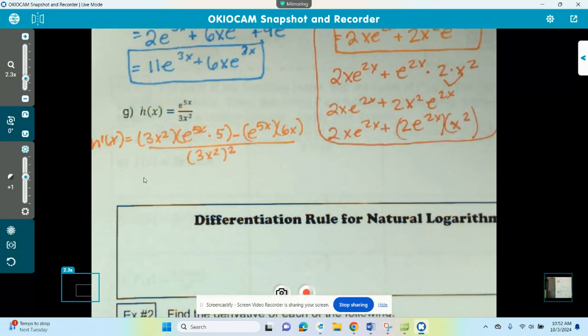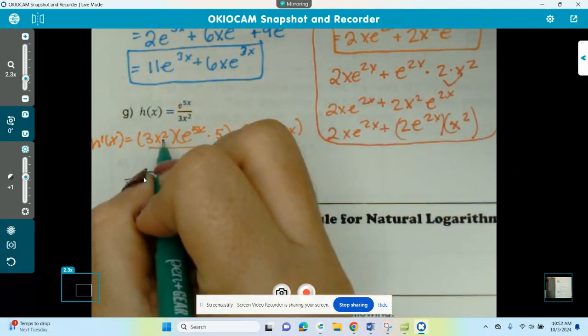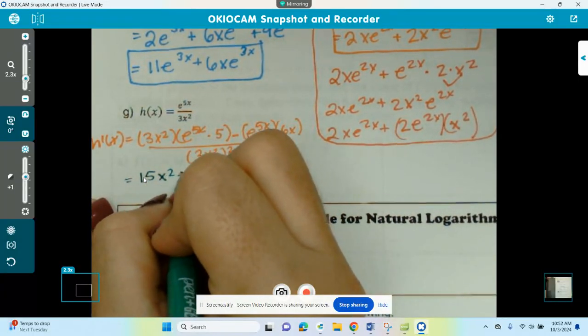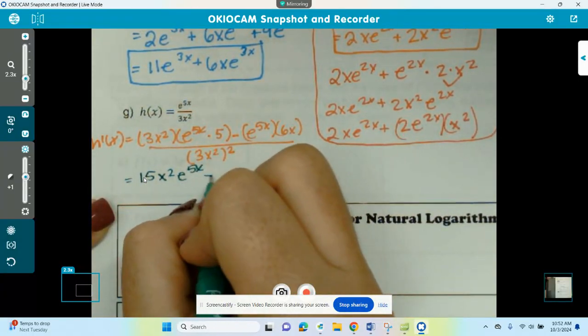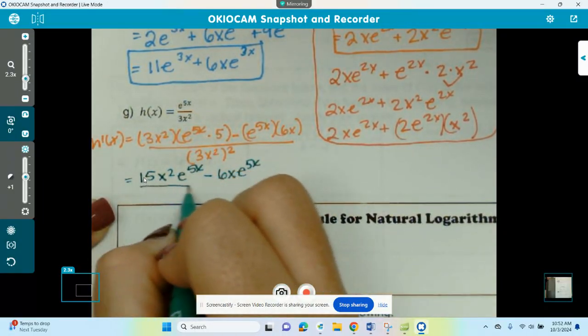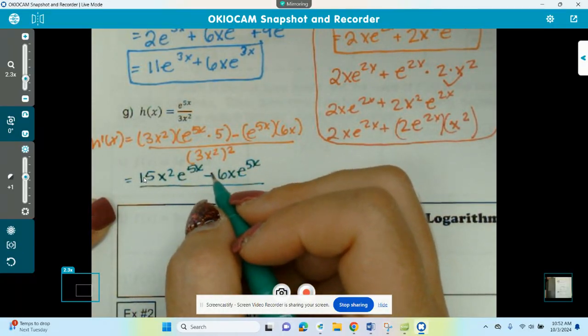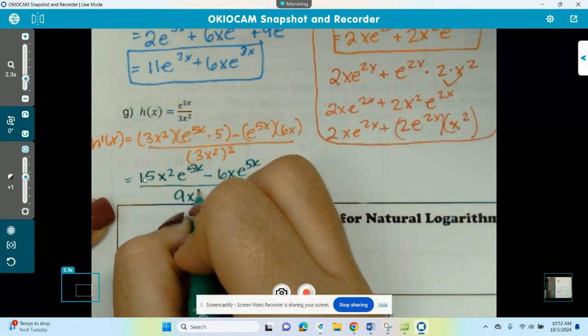All right, so let's simplify that out. So 3 times 5 is going to give me 15x squared e to the 5x minus 6x e to the 5x, all over 3x squared squared, right? Which is 9x to the 4th.